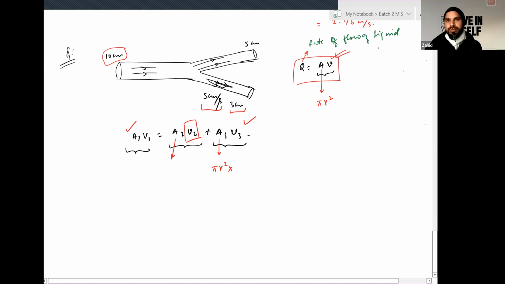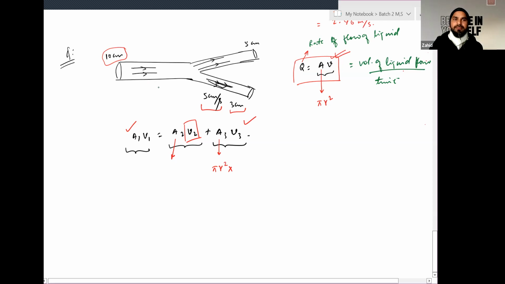It means volume of liquid flowing through any particular tube at any instant of time per unit time. So Q is basically volume of liquid flowing divided by time taken. So this particular expression will be equivalent to A times velocity at that instant.